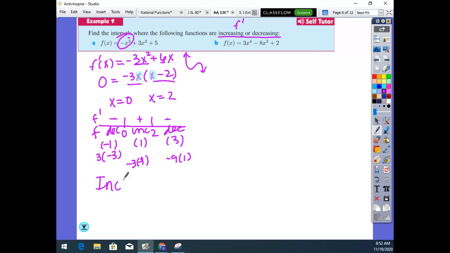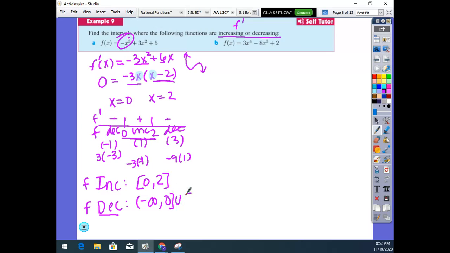Where is it increasing? Where is it decreasing? All right, it's increasing between 0 and 2, and we include 0 and we include 2. Where is it decreasing? Always start at -infinity from the far left all the way up to 0.